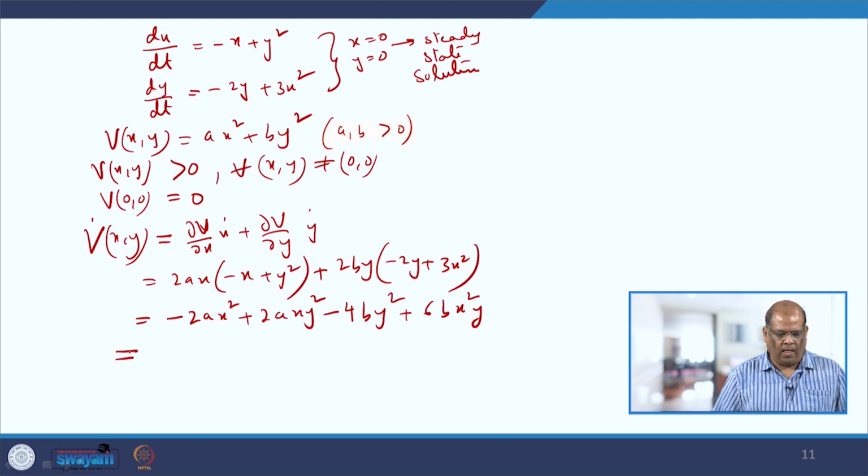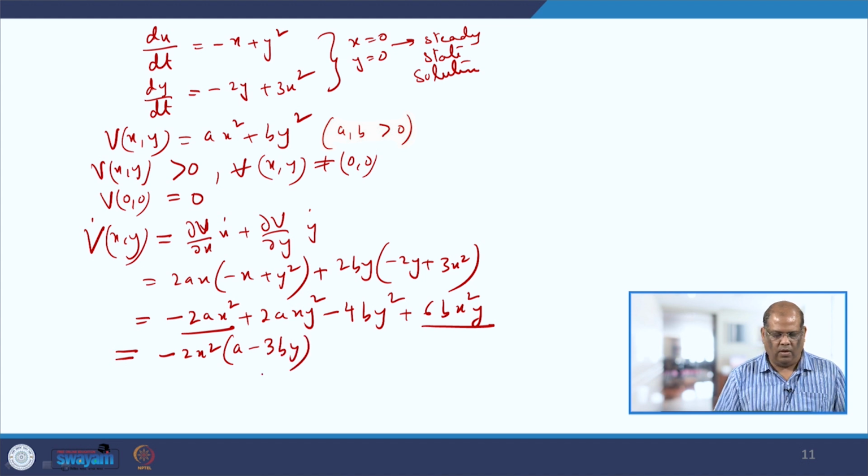Now, what you do is, here is an x square, here is an x square. So, I take minus 2x square common, and you get a minus 3by. Similarly, from here I take minus 2y square and it is 2b minus ax.